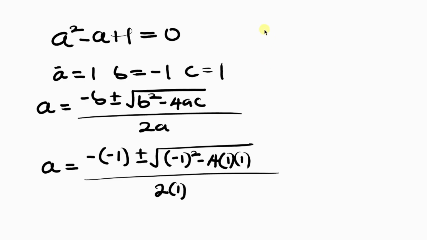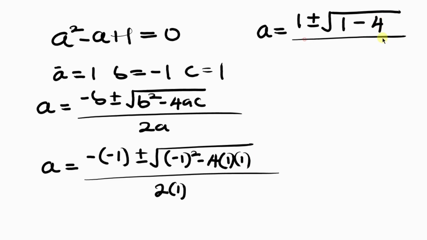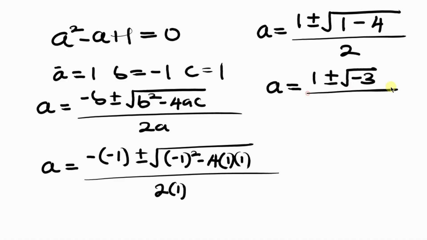So this simplifies to become a equal to negative times negative 1 gives positive 1, plus or minus the square root of, now negative 1 squared is positive 1, minus 4 times 1 is 4, all over 2 times 1, that will be 2. So this simplifies to give a equal to 1 plus or minus the square root of 1 minus 4 is negative 3, all over 2.